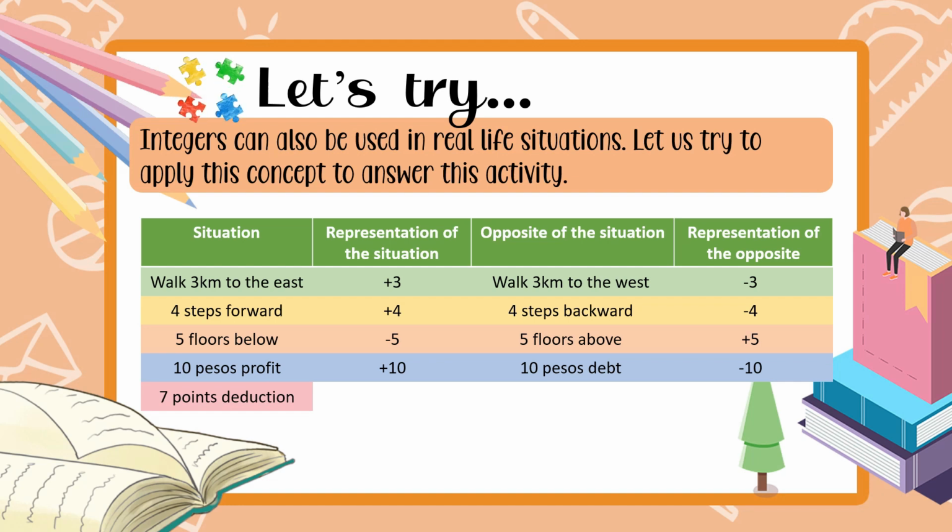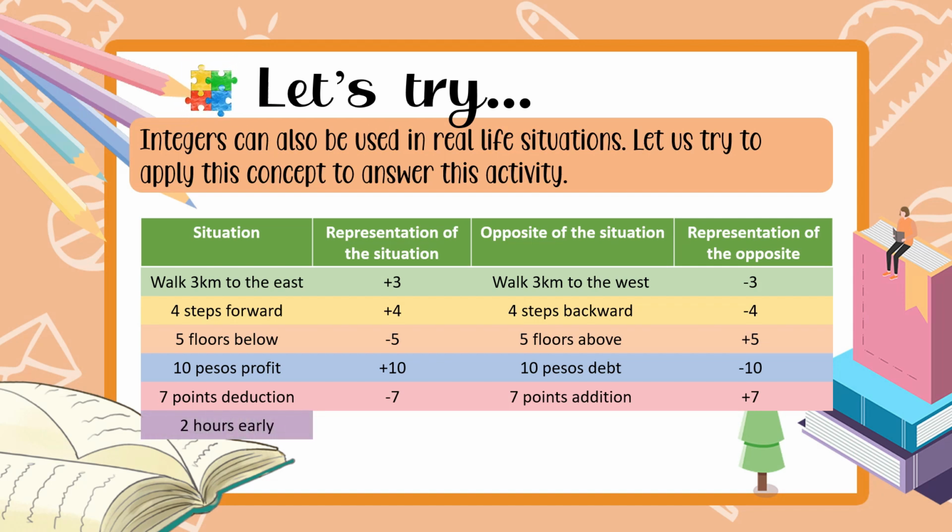Next, 7 points deduction. Nabawasan, deduction. So, we have negative 7. And the opposite of 7 points deduction is 7 points addition. And the representation of the opposite, positive 7.